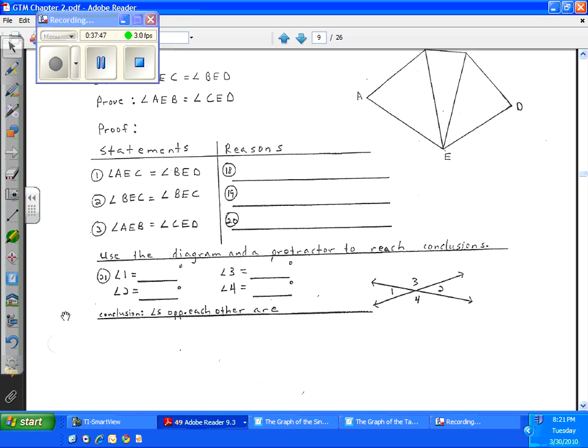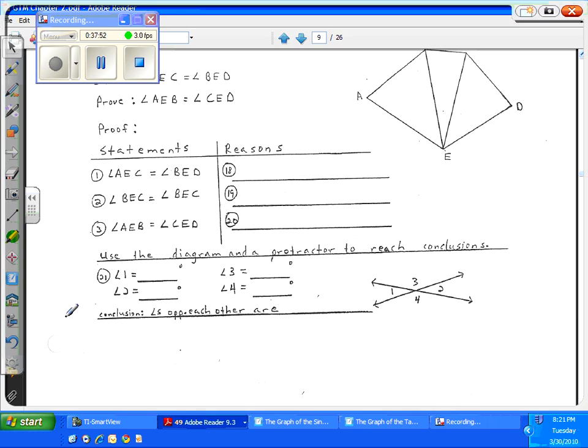It's also going to help you make discoveries from pictures. Now, what's going to happen here is you're going to measure angle 1 and get a certain degree, and you're going to measure angle 2 and get a certain degree, and you're going to find that angle 1 and 2 are the same degrees. And then you're going to measure angle 3 and angle 4, and you're going to find that angle 3 and 4 are the same degrees.